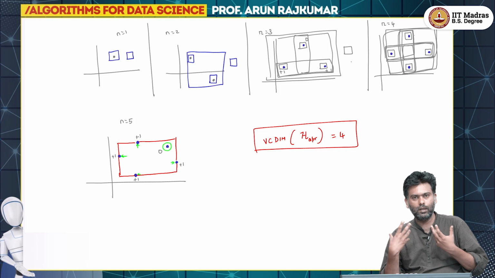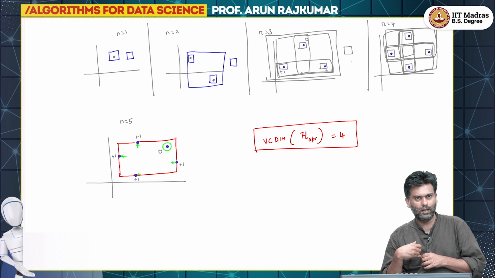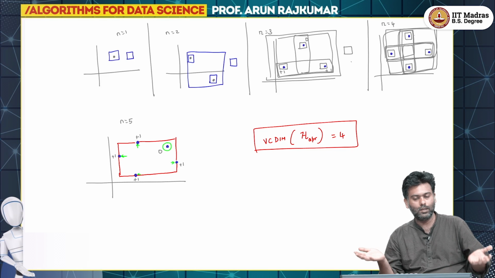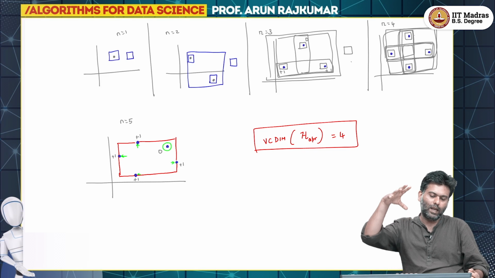Here we have calculated the VC dimension of the axis parallel rectangle class as 4. Now, we can also ask how many possible labelings can I get if I give you some set of n points in R2.